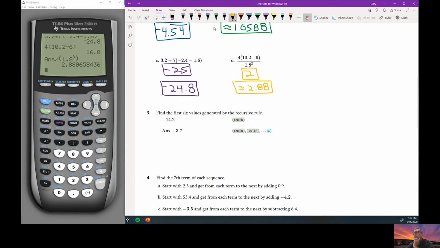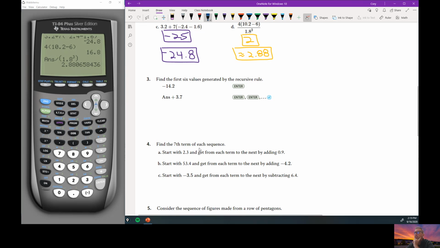All right, moving on to number 3. Find the first 6 values generated by this recursive rule. Well, negative 14.2 is the first value generated by that recursive rule. Then we need to add 3.7, hit enter. That gives us our next value, which is negative 10.5.